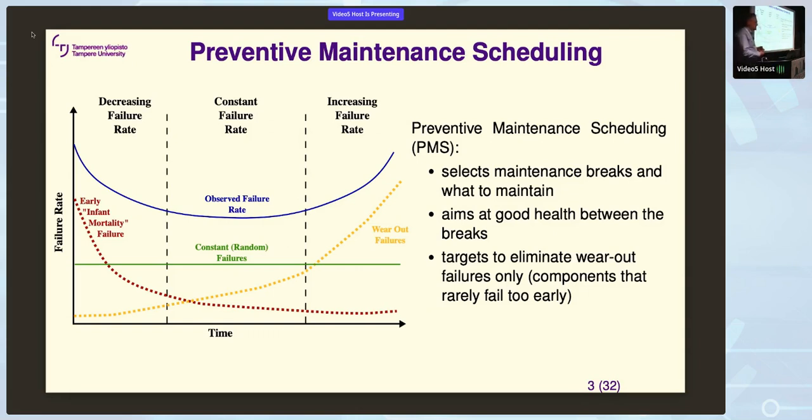Some components will fail in the beginning of their lifetime, just for early infant mortality or burn-in reasons, or then there are random failures and then wear-out failures. So this last one is the focus of preventive maintenance scheduling.